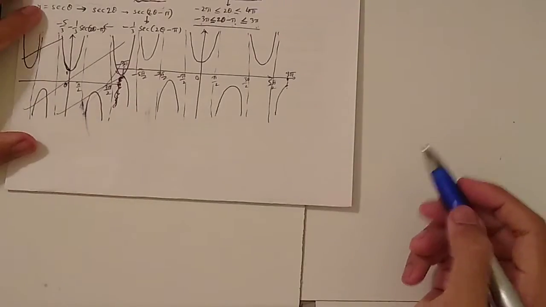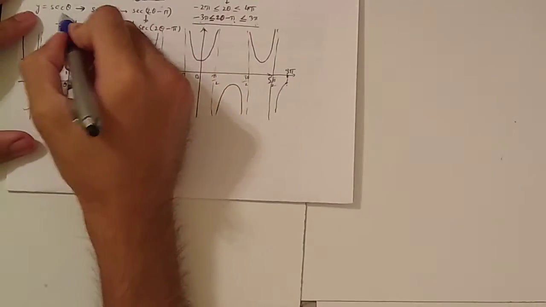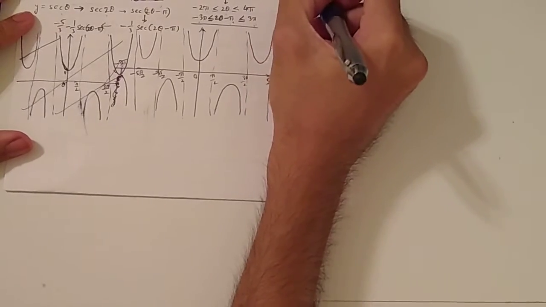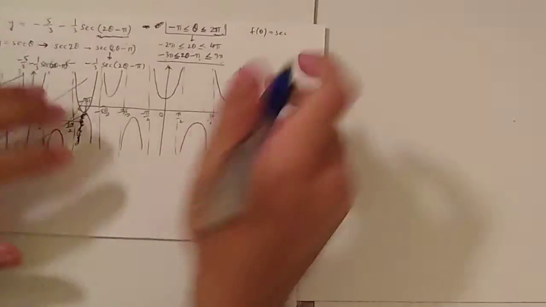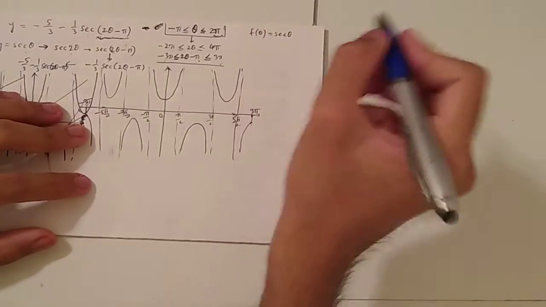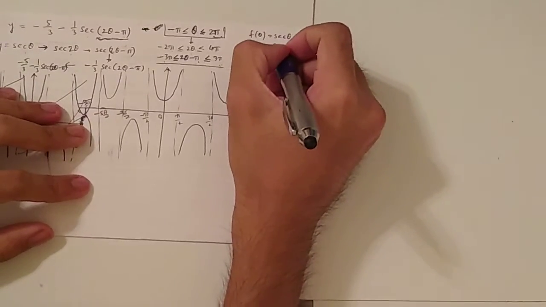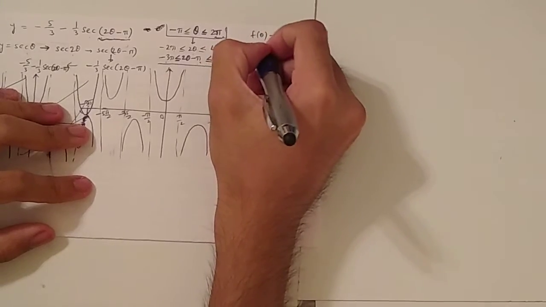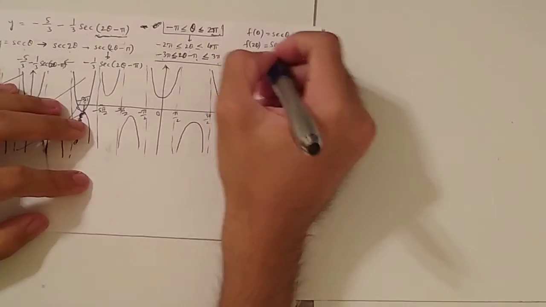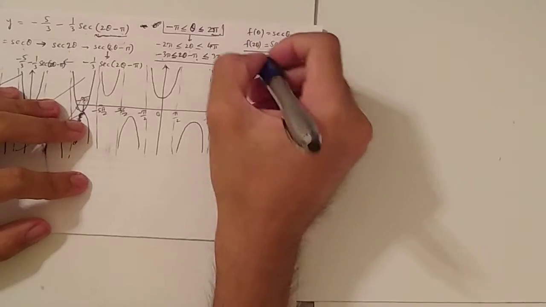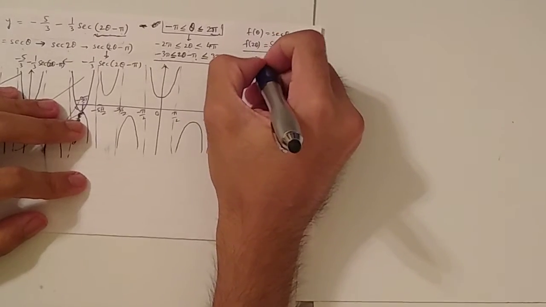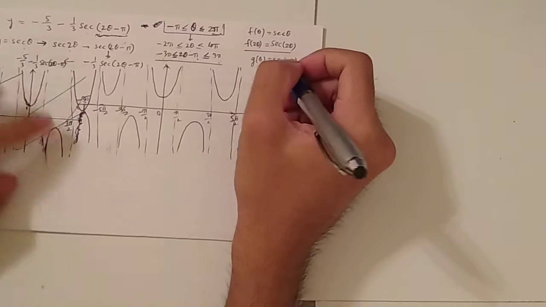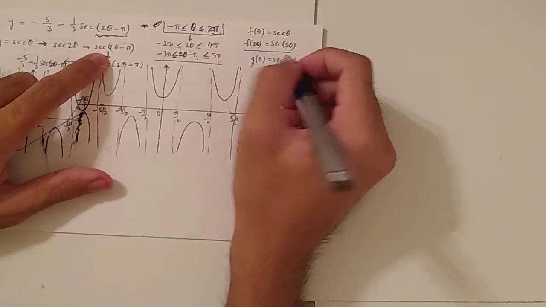Now if we are moving from sec theta to sec 2 theta, so if f theta is equal to sec theta, in that case sec 2 theta is going to be f of 2 theta. That's your first one. Let's consider the next one. If g theta is equal to sec 2 theta, in that case we are moving to sec 2 theta minus pi.